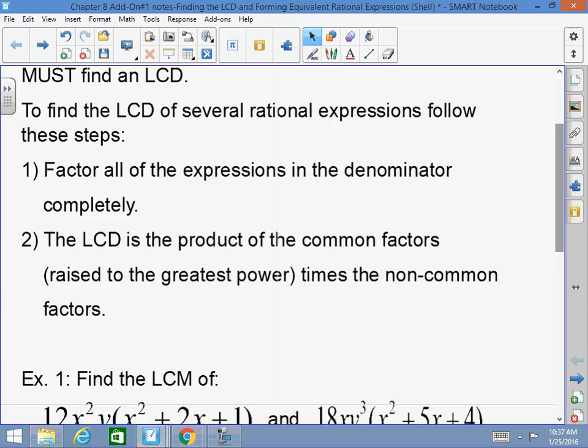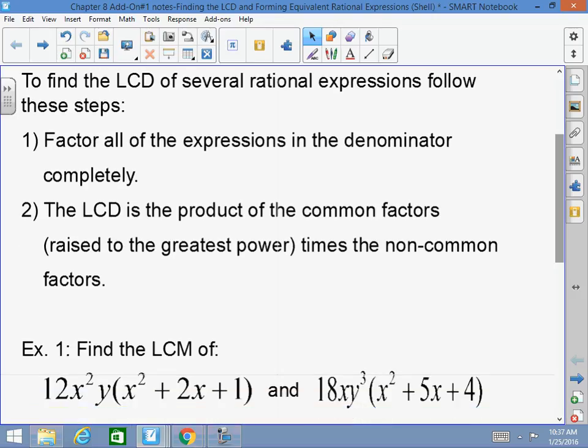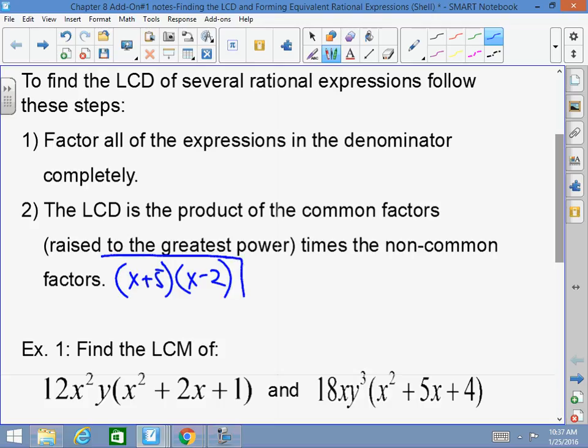Leave the factors next to each other, but do not go ahead and multiply completely. What I mean by that is if one factor is x plus 5, the other factor is x minus 2, that's your LCD. Do not go ahead and FOIL those out. If you FOIL them out, it's going to complicate your life later on, I promise you.